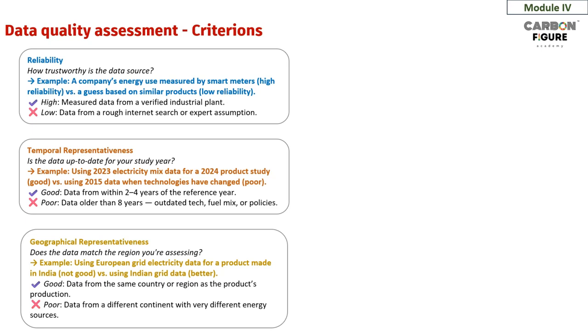So does the data match the region you are assessing? So for example, using European grid electricity data for a product made in India versus using Indian grid data. So when it is good, data from the same country or region as the product's production. When it is poor, data from a completely different continent with very different energy sources would be very poor.